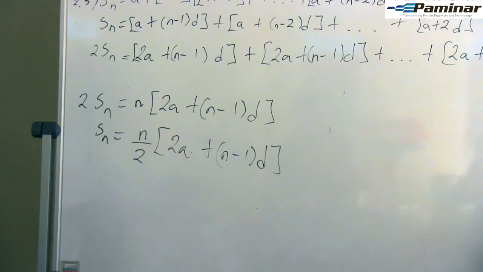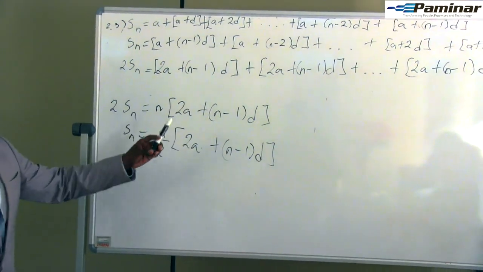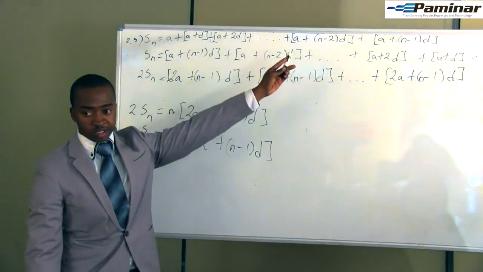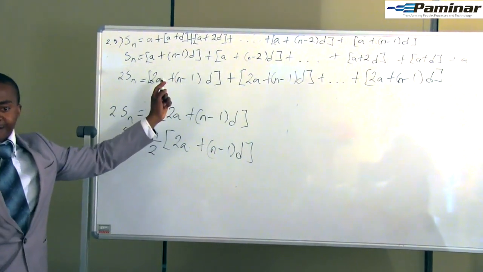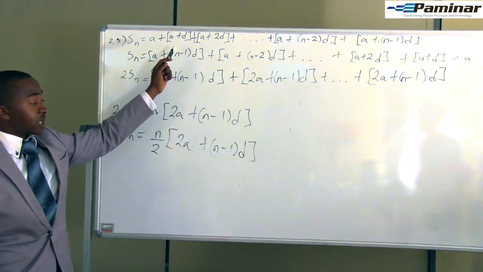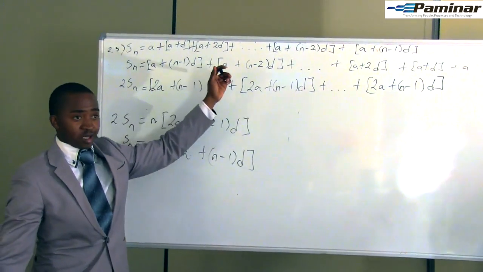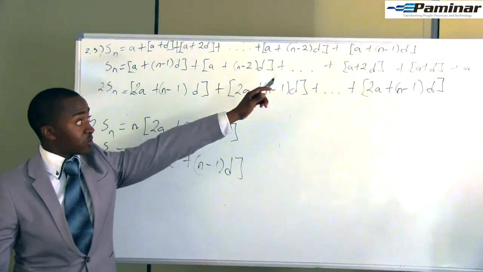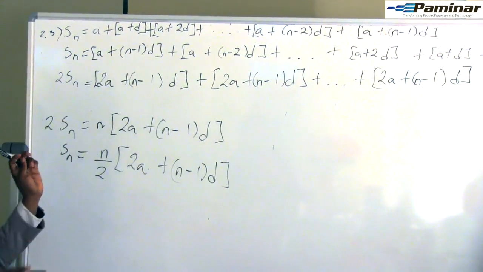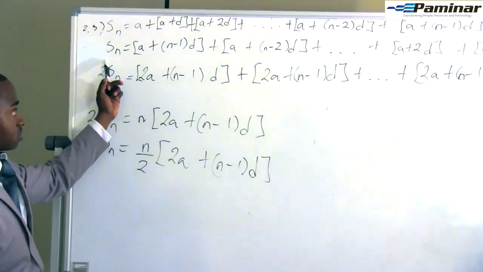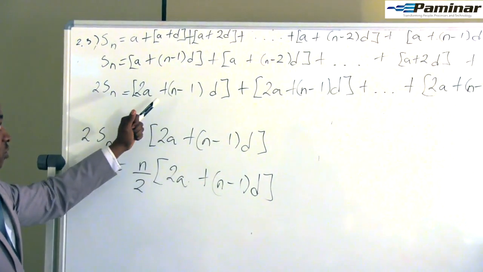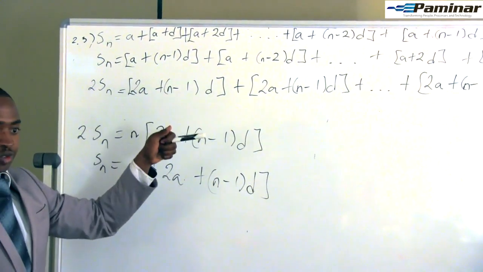So just to repeat the steps to you, we first wrote a sequence of us adding term by term. That's your a, plus a plus d, plus a plus 2d, all the way up to a plus (n minus 1)d. Then we reversed the sequence, wrote it like that, and then finally we added each term to each other.